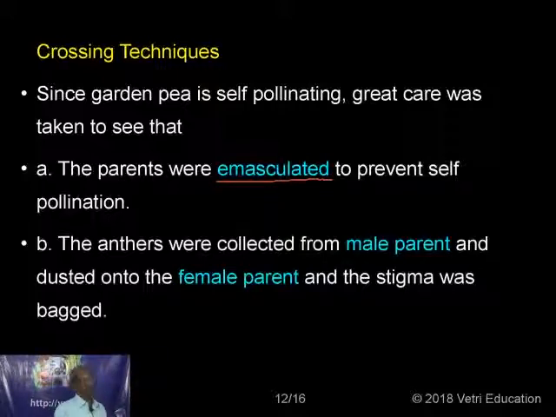So removing the whole stamen completely, or the anther, or the pollen grains, whatever it is, to prevent the self-pollination. The anthers were collected from the male parent and dusted onto the female parent, and the stigma was bagged.